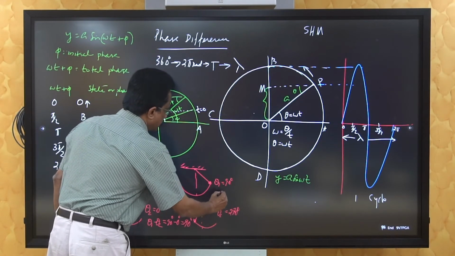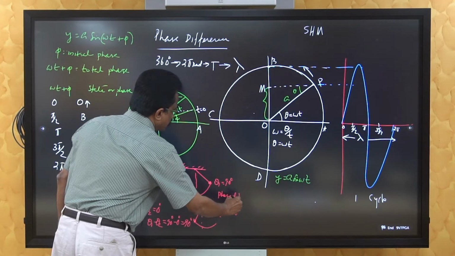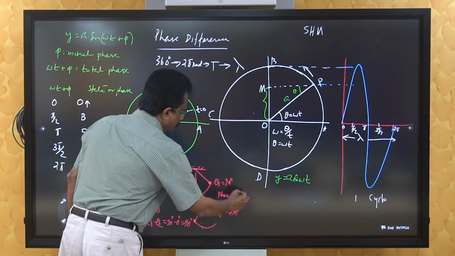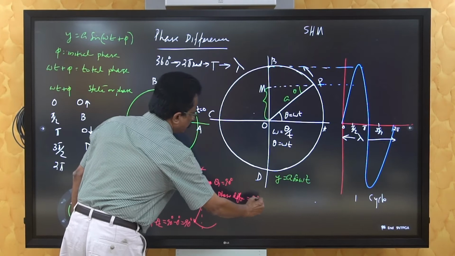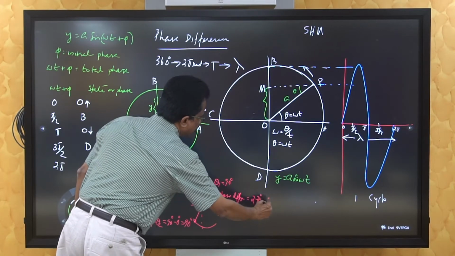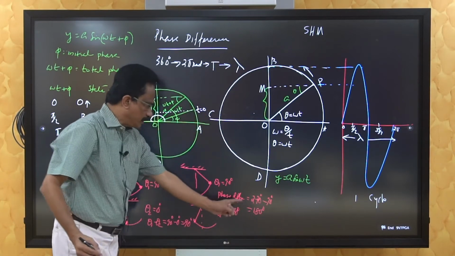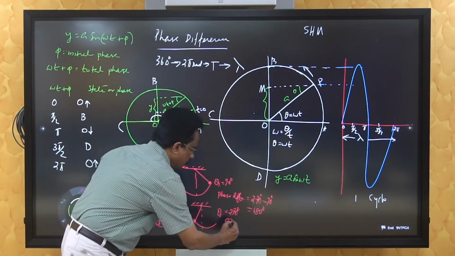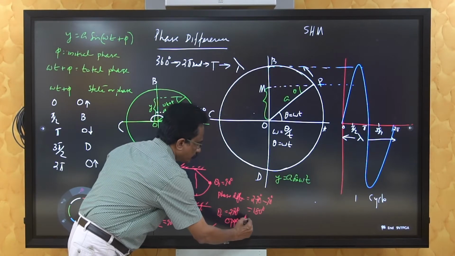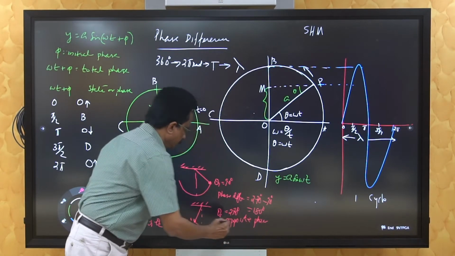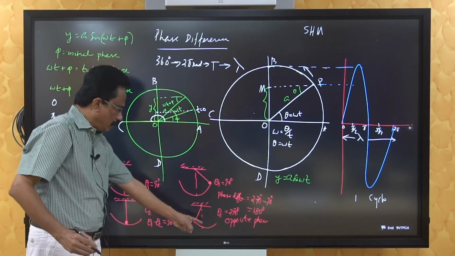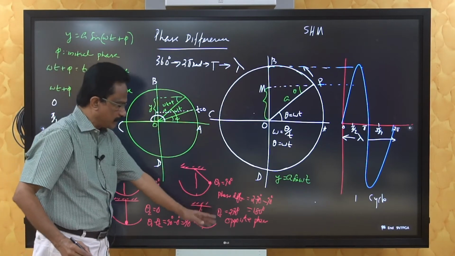So the phase difference is equal to larger minus smaller: 270 degree minus 90 degree is equal to 180 degree. It is called opposite phase. One bob is at the right extreme, the other bob is at the left extreme. So this is the opposite phase.